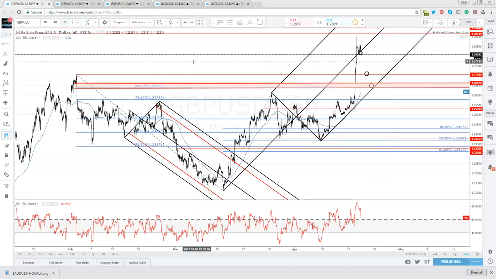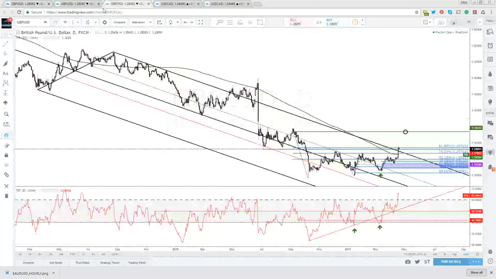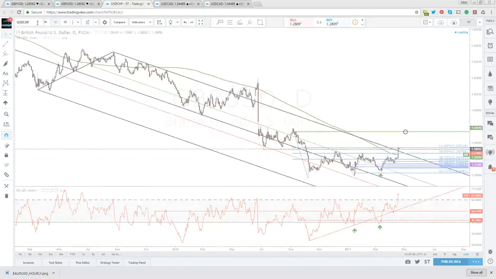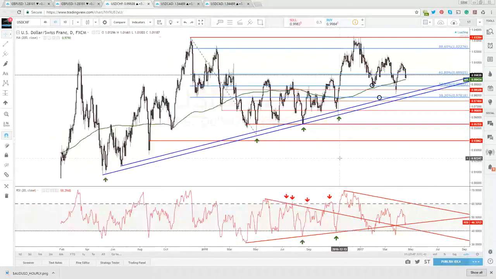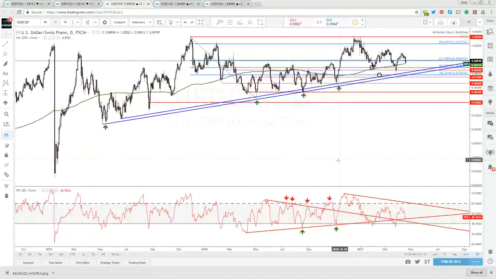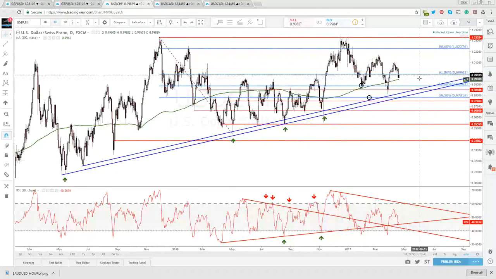All right. That was the majors. Maybe one look at the Swissy, because I like to watch that for euro dollar trades. 200 kind of giving support again. So very important to watch that too.